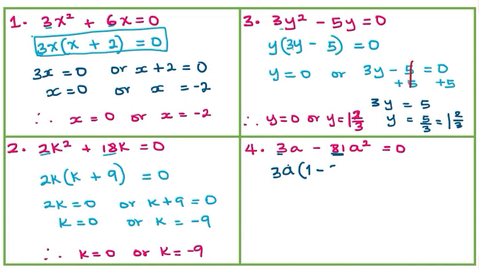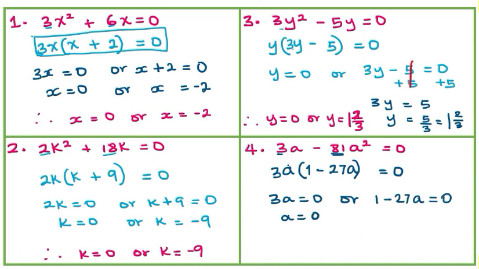So we say that 3a is equal to 0, or 1 minus 27a is equal to 0. And for this case, we see that a is equal to 0.